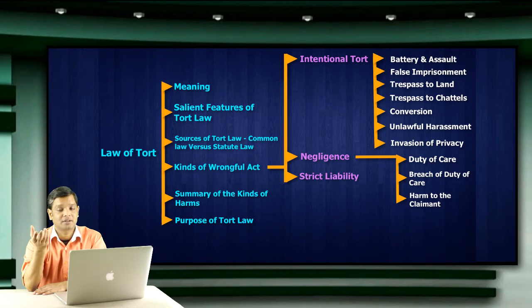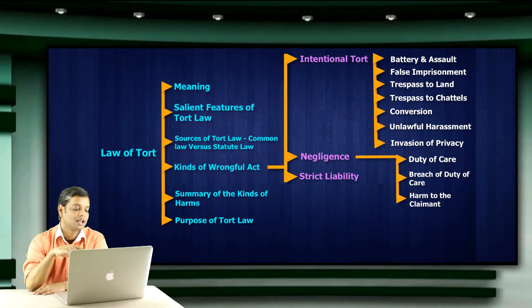If you breached your duty or your liability by any means, then you are responsible. And the third one is harm to the claimant, that is, what type of harm the claimant suffered through your negligence.